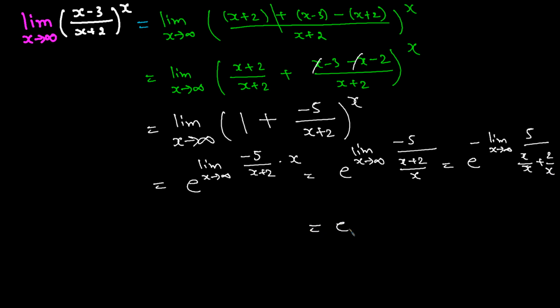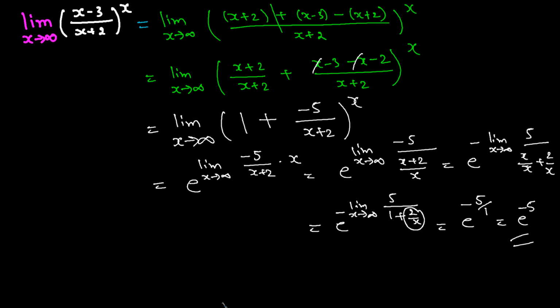So that gives me e raised to the power negative limit as x approaches infinity of 5 over 1 plus 2 over x. As x approaches infinity, this term 2 over x changes to 0, since 2 over infinity is basically 0. So I get e raised to the power negative 5 over 1, or e to the power negative 5.